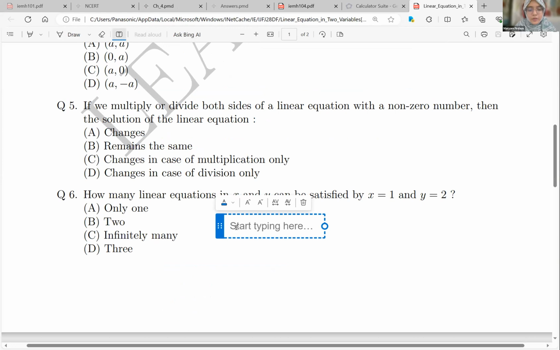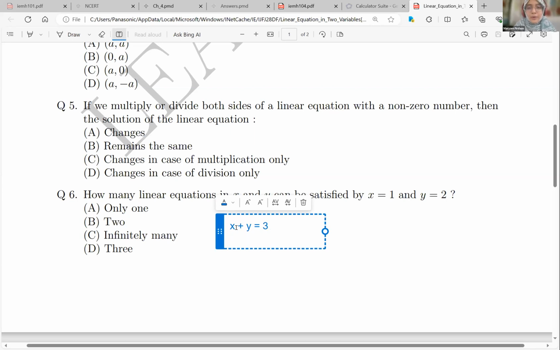So we have x equals 1 and y equals 2, right? Like the example that Preshita gave, x plus y equals 3. This is a linear equation satisfied by x is 1 and y is 2.